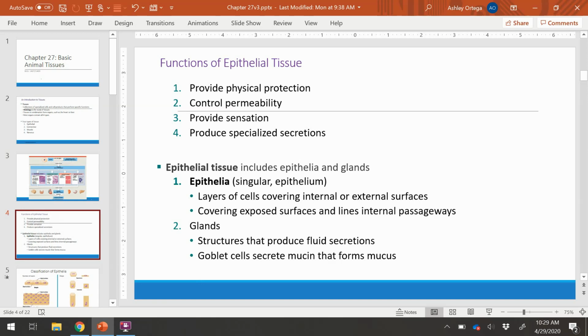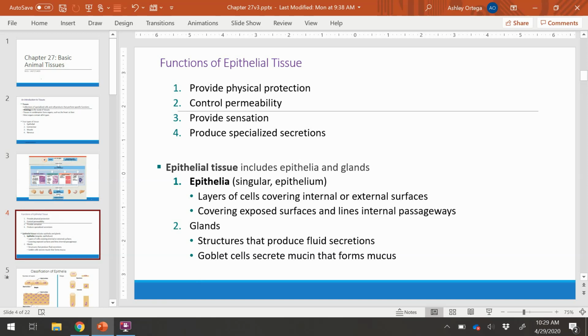In terms of external epithelial tissue, our skin, we can sense some slight movements and detections very easily. So our skin is actually highly innervated, which means it has nervous tissue, and that provides very acute detection, which is also known as sensation.